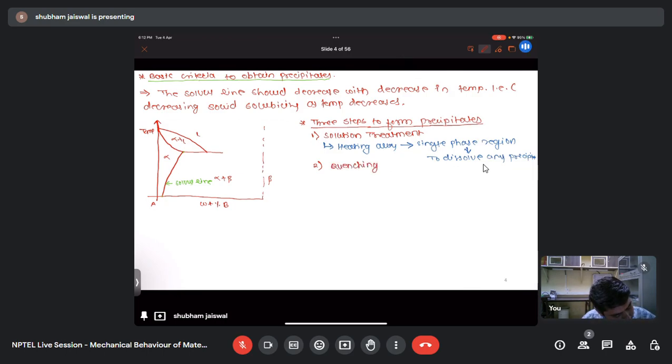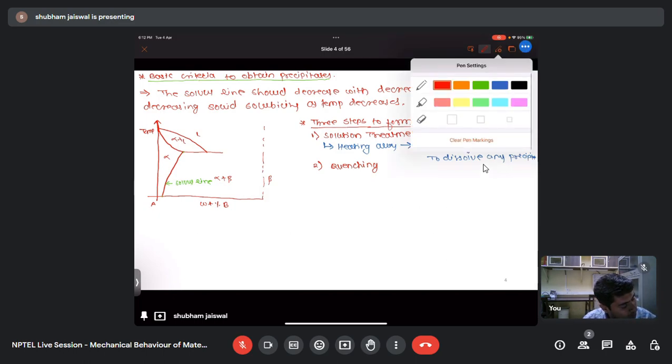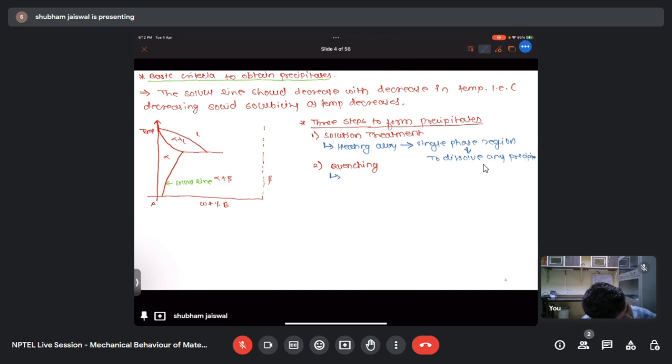Okay, the second one is quenching. In quenching, we rapidly cool this material to a lower temperature, so that we get a supersaturated solution.